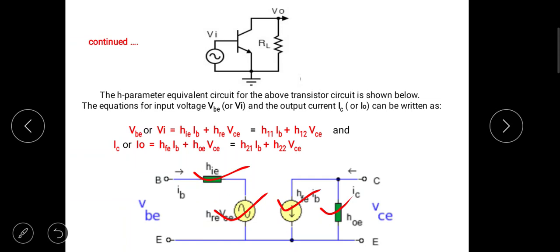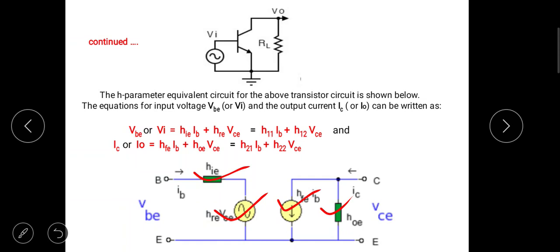Now in all cases, in the suffix HIE, of course E in each case indicates common emitter mode, H indicates hybrid parameter, and I in HIE indicates input impedance, R indicates reverse voltage ratio, F indicates forward current gain, and O indicates output admittance.